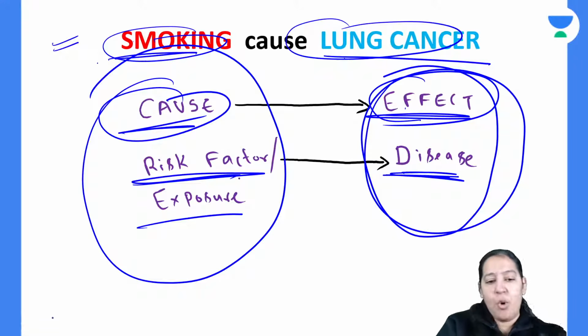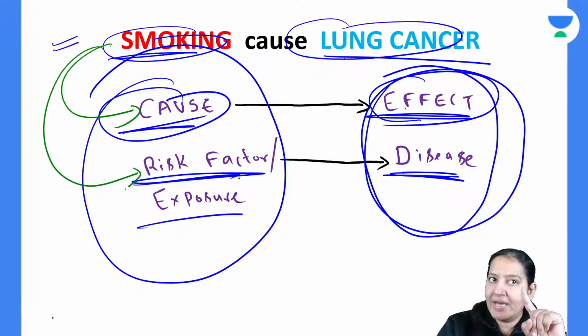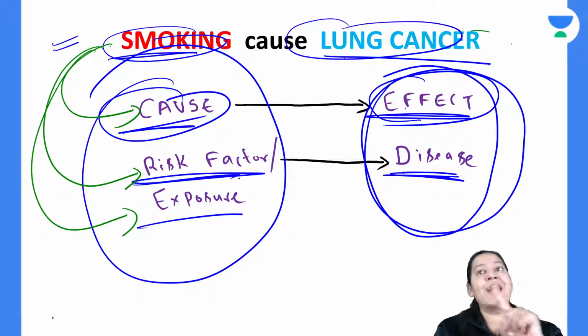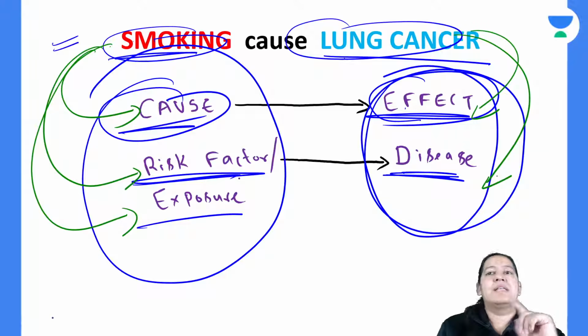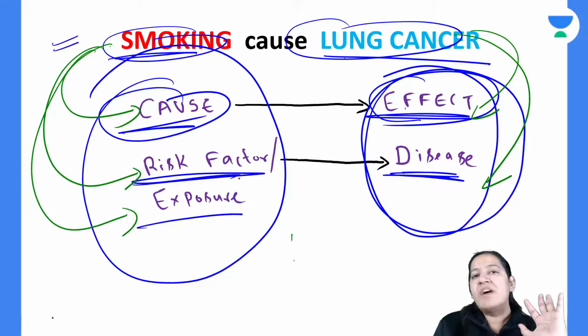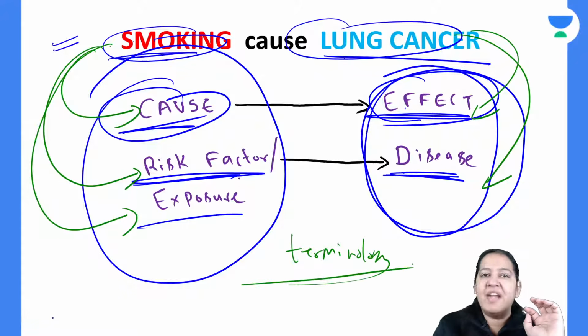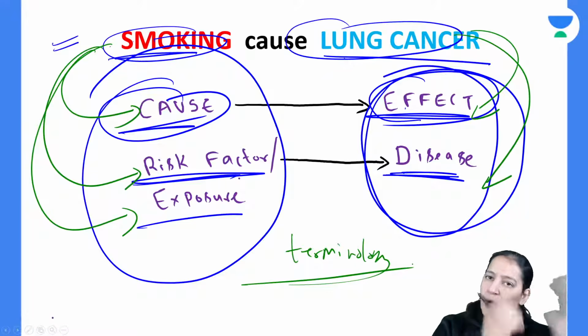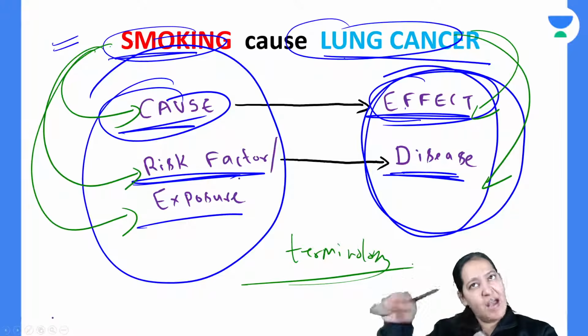I will call smoking the cause, a risk factor, or the exposure, one and the same thing. I will call lung cancer the effect or the disease, one and the same thing. First learn the terminology which I will use ahead in the entire lecture. If I say cause, risk factor, exposure, I mean smoking. If I say disease, effect, I mean lung cancer.